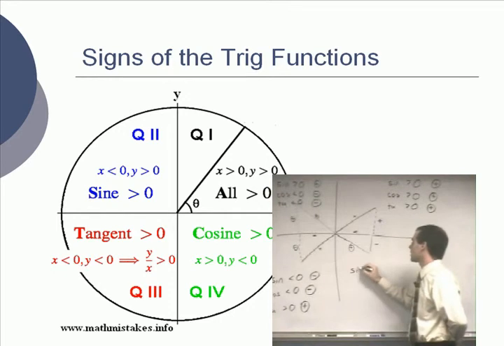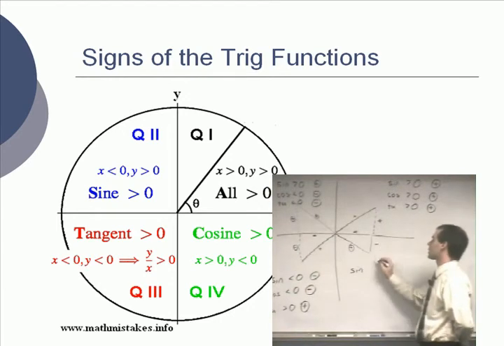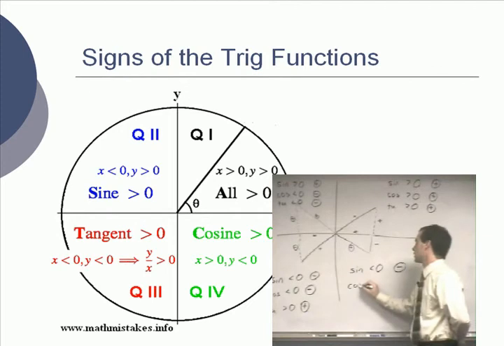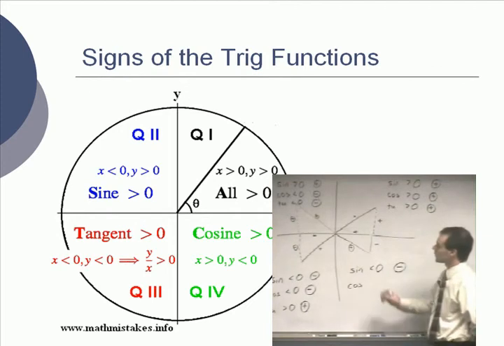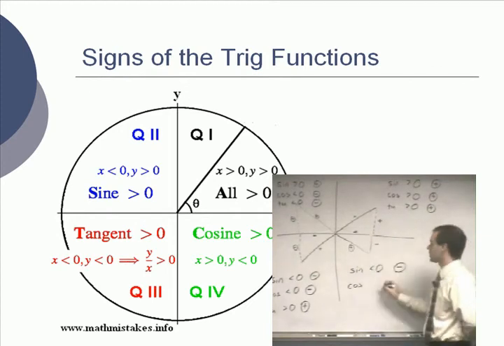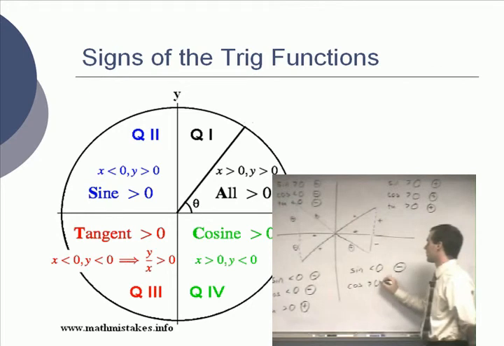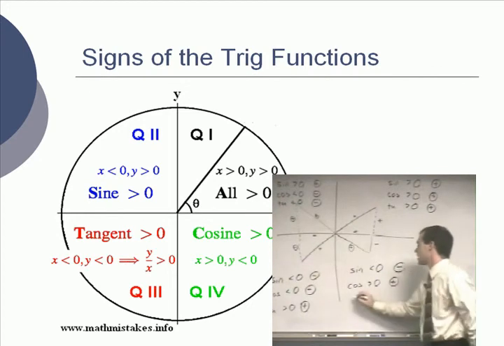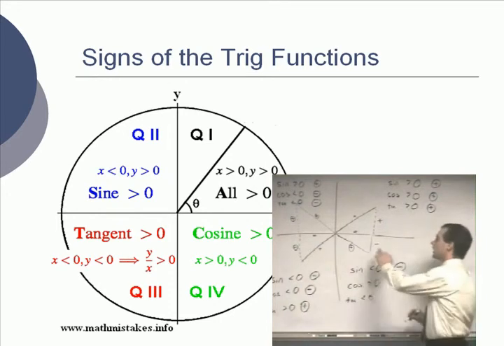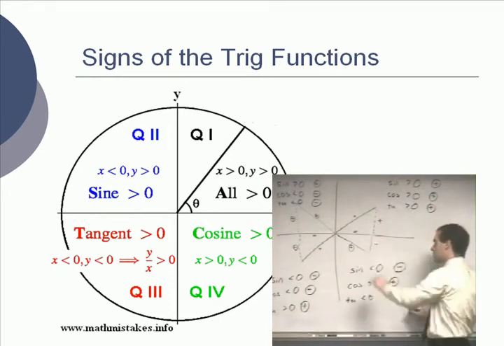So the sine is going to be opposite over hypotenuse, negative. Cosine, adjacent over hypotenuse, positive. And the tangent, opposite over adjacent, negative over positive, is going to be negative.